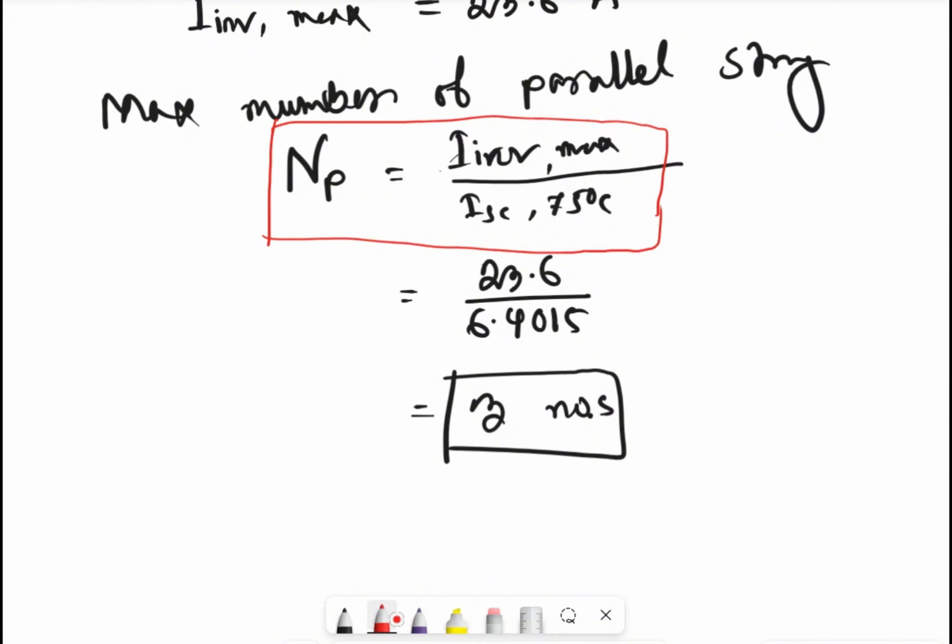So indeed the current temperature coefficient also needs to be calculated. Then plug in, and we take the safety and worst-case scenario of irradiation into account. We have to use three parallel strings for better performance. Thank you.